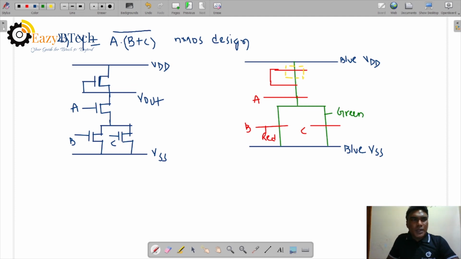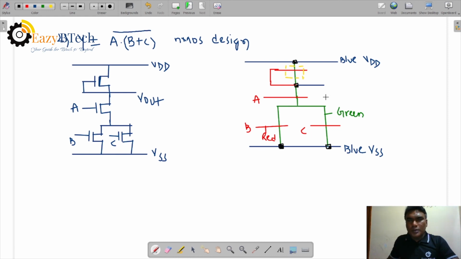Now the interconnecting point. Here we take a metal as the output. Then the interconnecting point is a black contact. Interconnecting means two layers are here, metal and diffusion. Here also metal and diffusion, and here also diffusion and this metal.